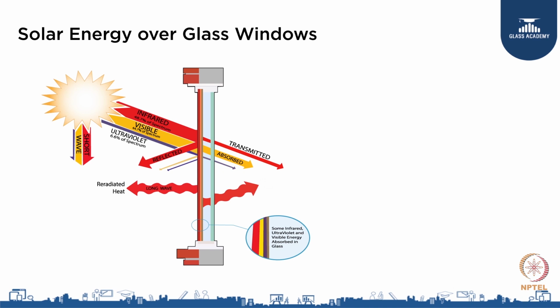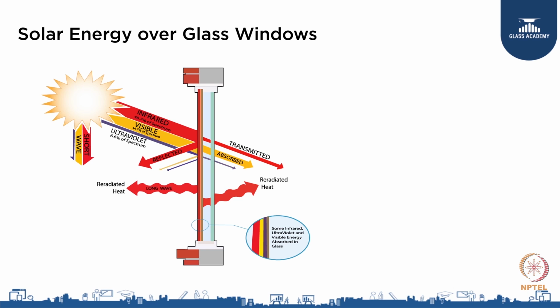Now, the radiation that has been transmitted through the glass comes into the space. The radiation that has been reflected from the glass remains outside. The radiation that has been absorbed by the glass raises the temperature of the glass, and then this energy is dissipated by the glass in the form of long wave.